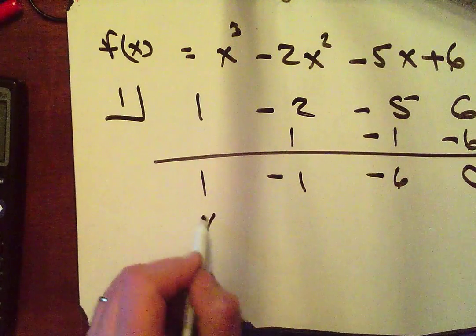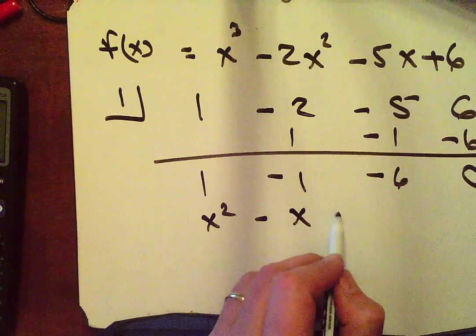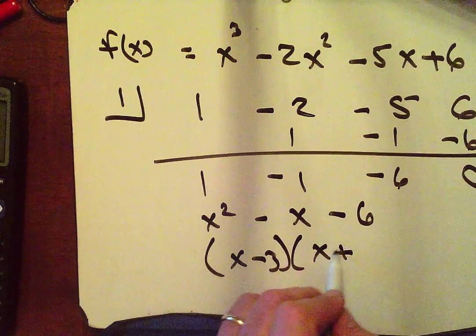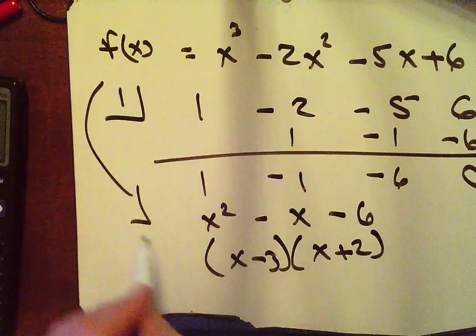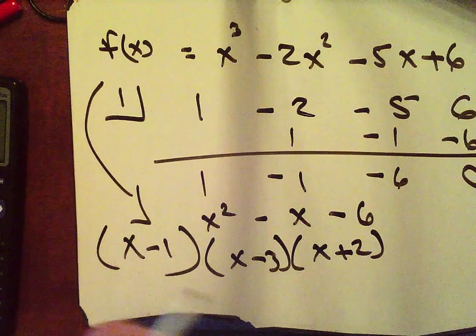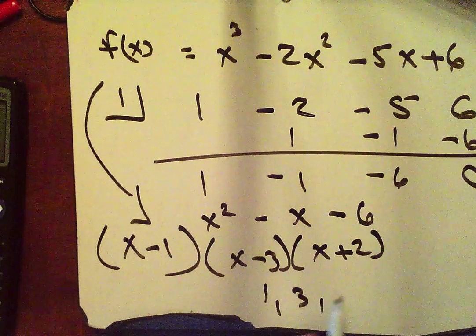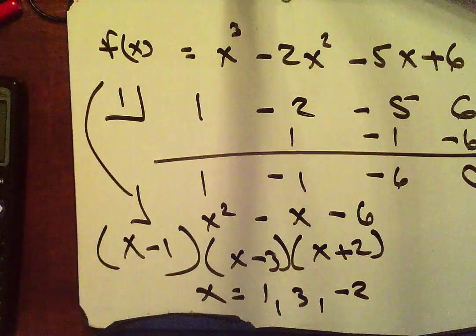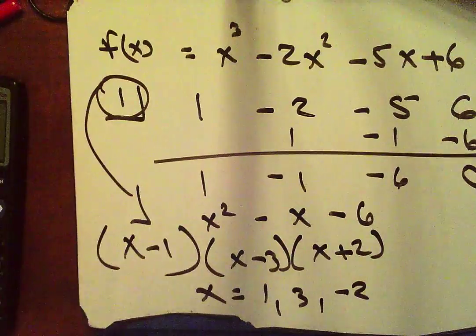Great. So this is x squared minus x minus 6. And that's going to factor as x minus 3, x plus 2, and don't forget x minus 1. Find all the roots: 1, 3, negative 2. Okay, it's nice when we have a little seed to start our synthetic division with.